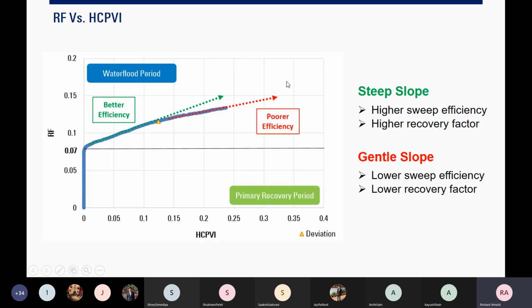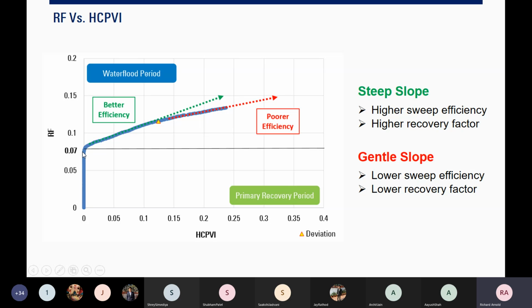Okay, as a reservoir engineer, you need to construct a lot of tools and analyses, and this is very important, very popular for water flood analysis. On the vertical axis, recovery factor; on the horizontal axis, hydrocarbon pore volume injected. First, we start in the primary recovery period, so the pore volume injected is of course 0 within our primary recovery period.